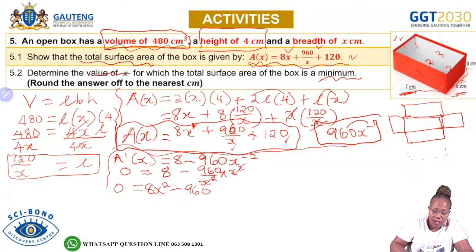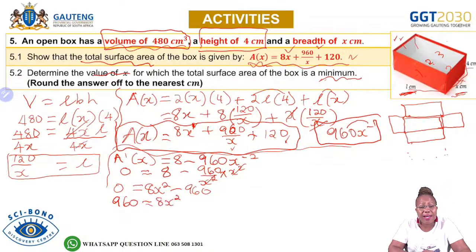Okay, and then now we have an equation like that one, and then now we transpose 960 to the left to be positive. That will be 960 equal to 8x squared. Divide by 8 both sides. We are having an x squared that is equal to 120.